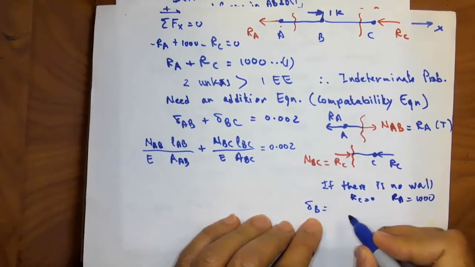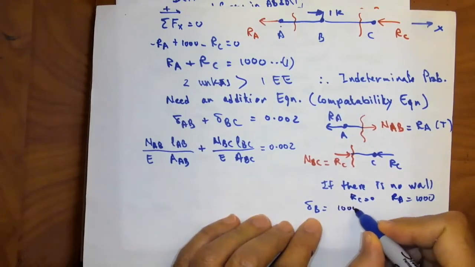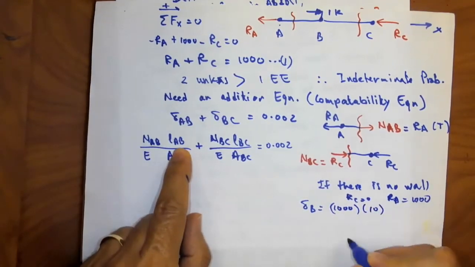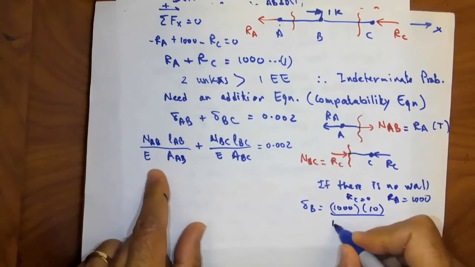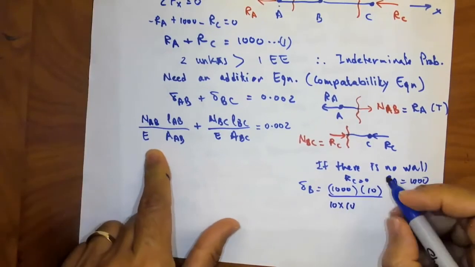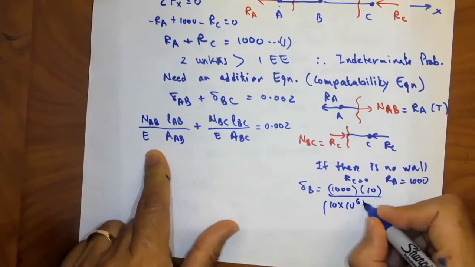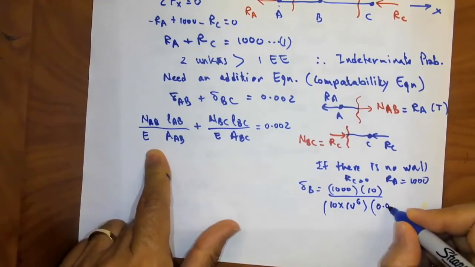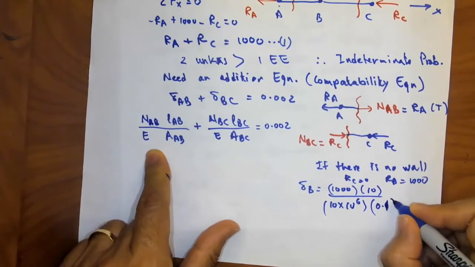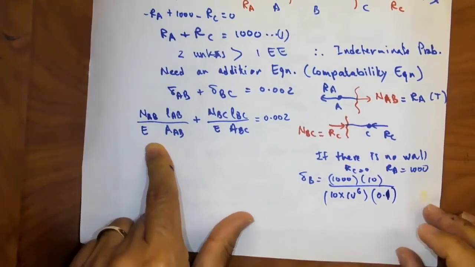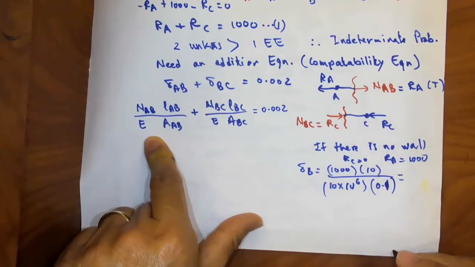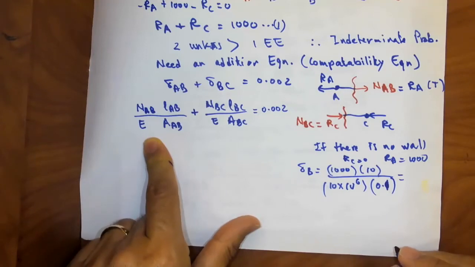So delta B then is going to be equal to this 1,000 multiplied by LAB, which is 10, divided by E, which is 10 times 10 to the power 6, divided by the area of AB, which is 0.1 square inch. When I do the numbers here, lots of ones and zeros, right?